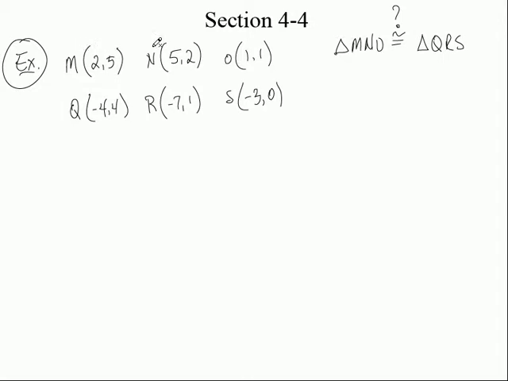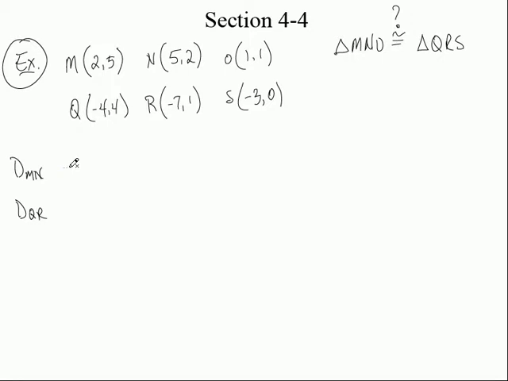So we take line MN, and we see if it's equal to line QR, all right? So let's do the distance of MN, and then we'll do the distance of QR. I'm not going to do all of these because we're running out of time, but you get the idea, right? Let's find MN.